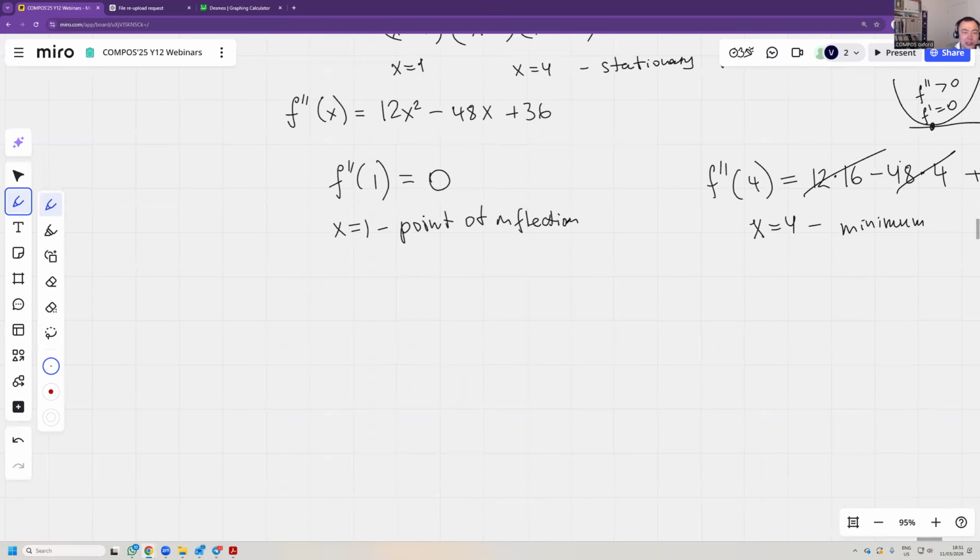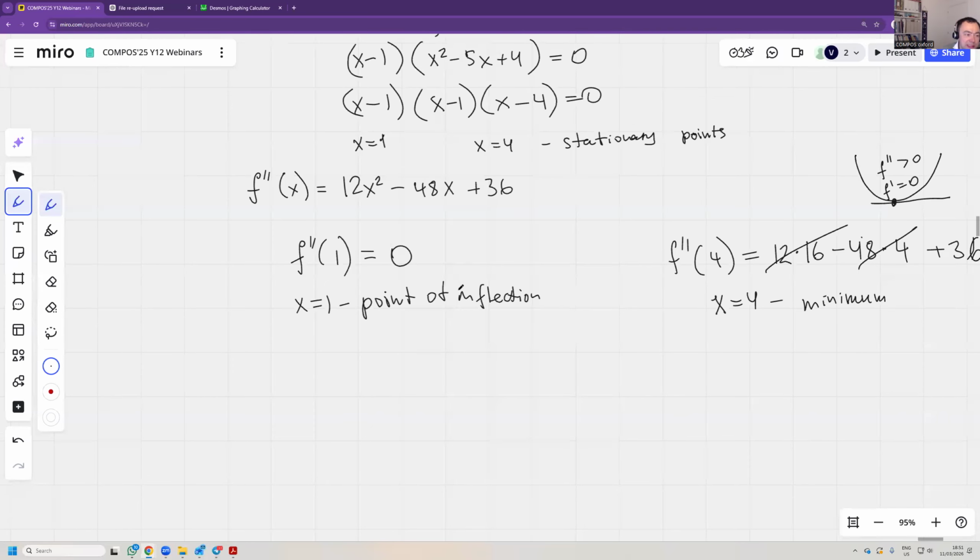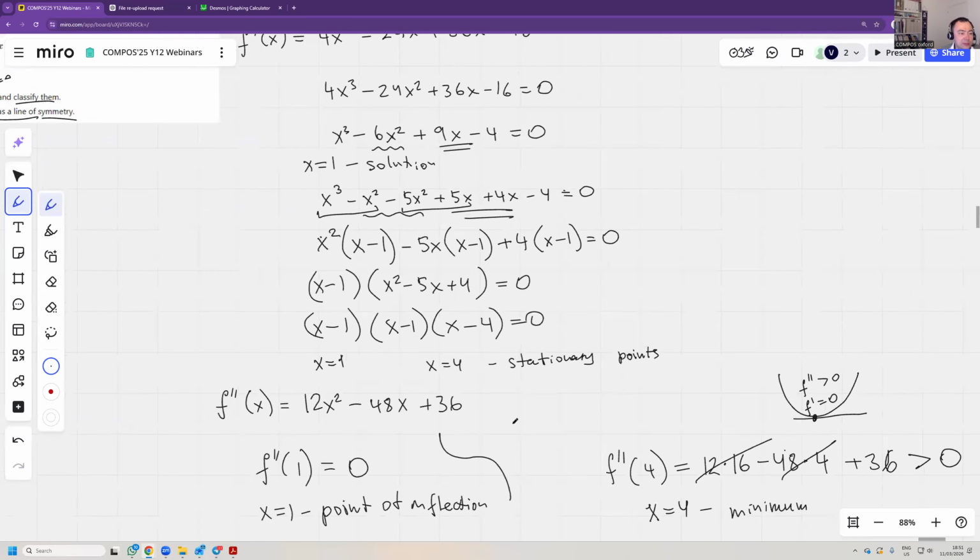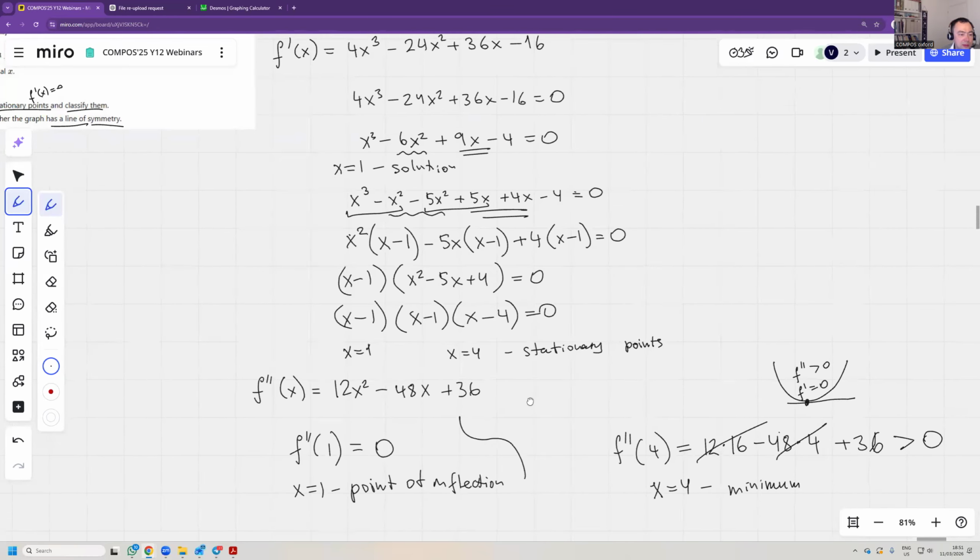This is a point of inflection. So we have the first derivative is 0, but the second derivative changes sign, is also 0. So here we have x equals 1. So that's decreasing and then decreasing again, I'm guessing, because the second derivative.